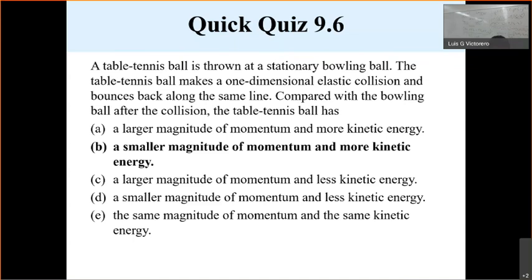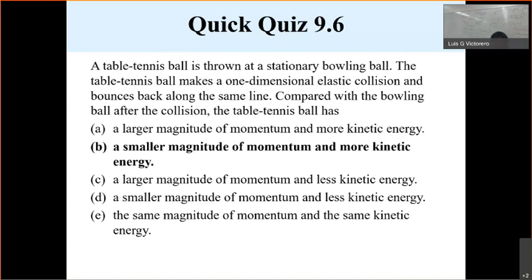The smaller momentum makes sense because a large part of the momentum has been transferred to the bowling ball to make it move, but it will move regardless of how fast, right? Because of the large difference between masses, the bowling ball will move with a much smaller speed, which will make for a smaller energy, right?